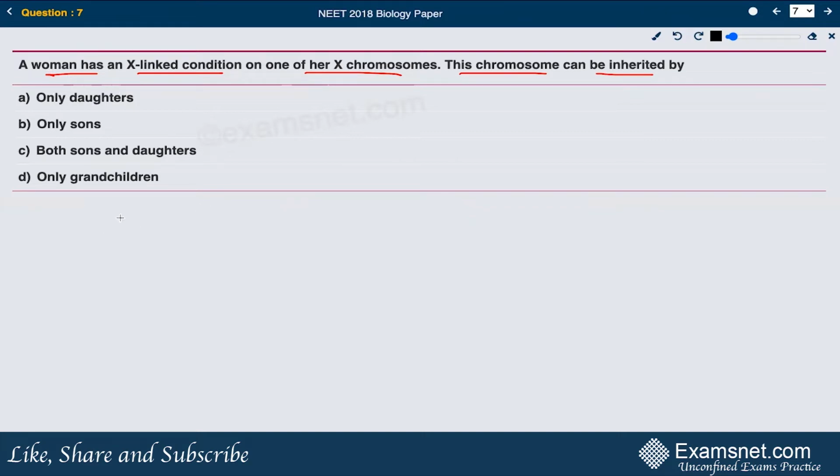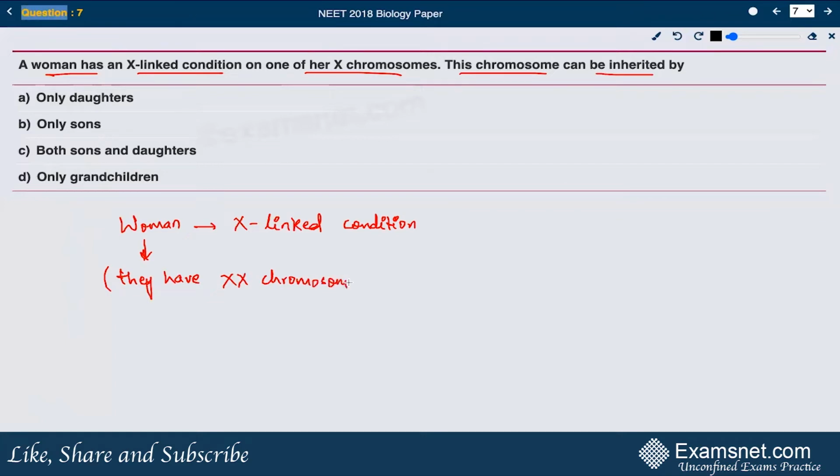A woman is having an X-linked condition. We know that in women, two X chromosomes are found, so they have XX chromosomes.